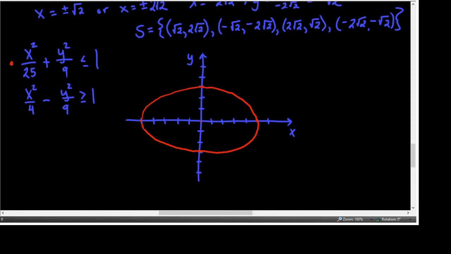Now the hyperbola centered at 0, 0 has an x radius of 2 and a y radius of 3. Then I'm going to draw the box that uses those 4 points as the midpoints of each side.